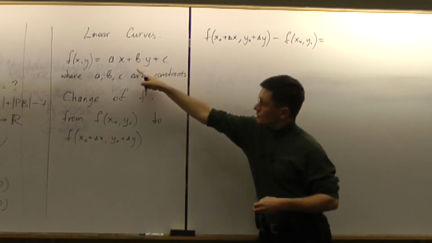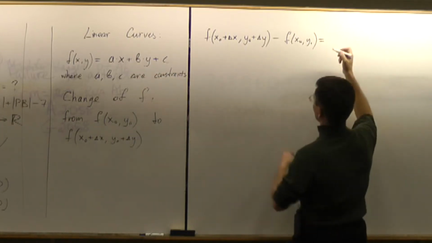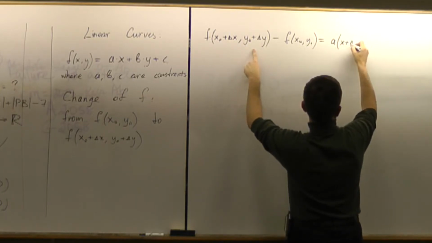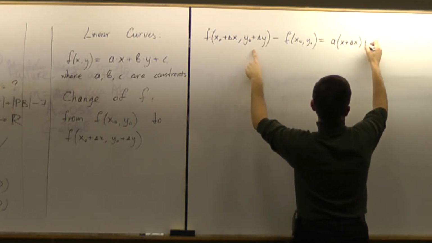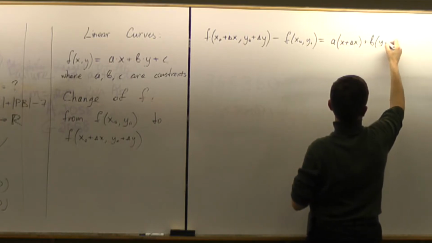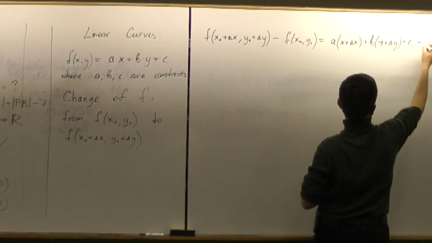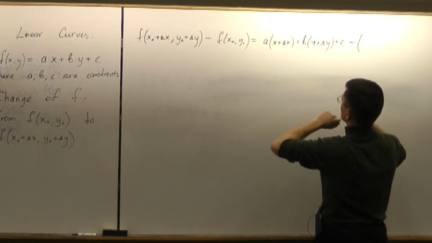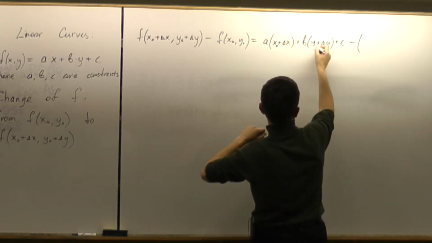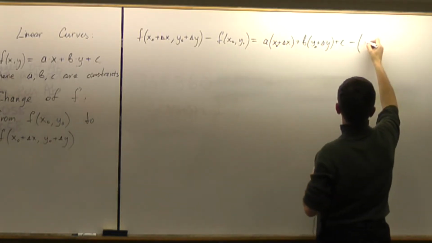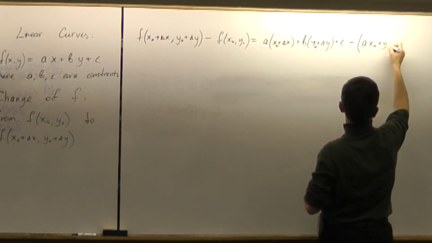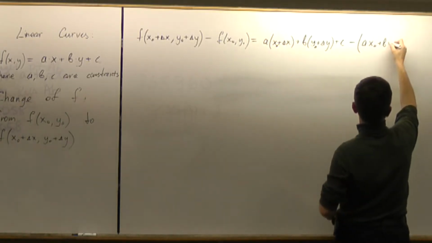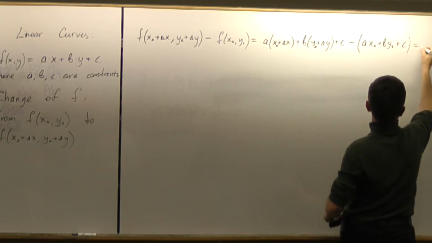How do I compute? Well, I know the formula for f, so I substitute. I substitute these two to get a times x0 plus delta x plus b times y0 plus delta y plus c, and I subtract the whole value of f at x0, y0. And that will be a x0 plus b y0 plus c.